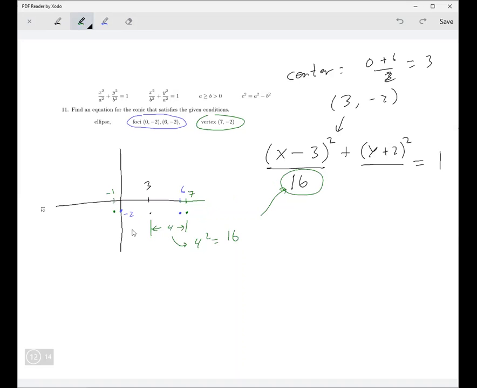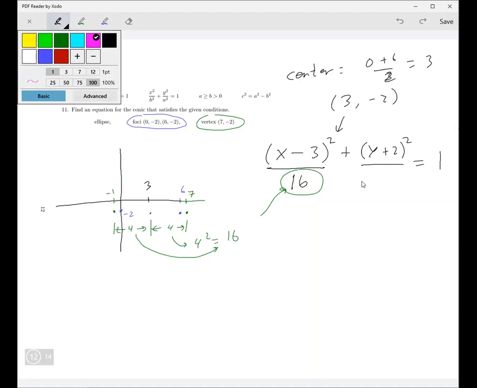So that goes there. This distance is also 4. Same thing. So that's going to be 16.